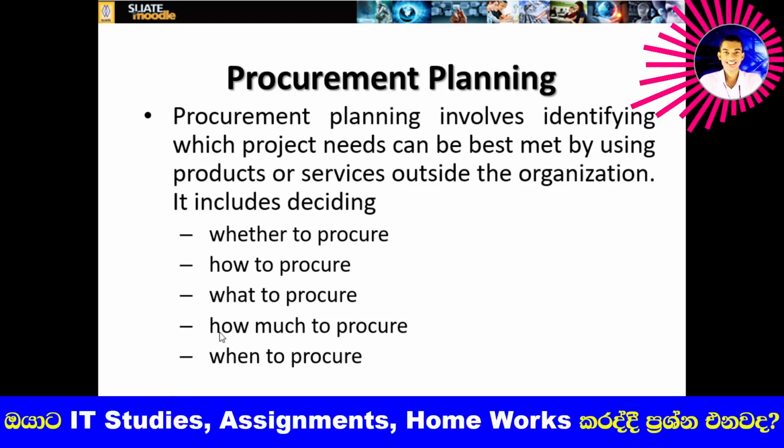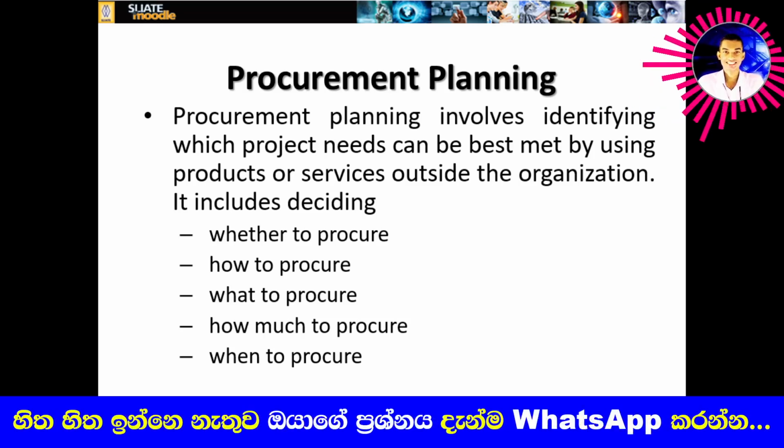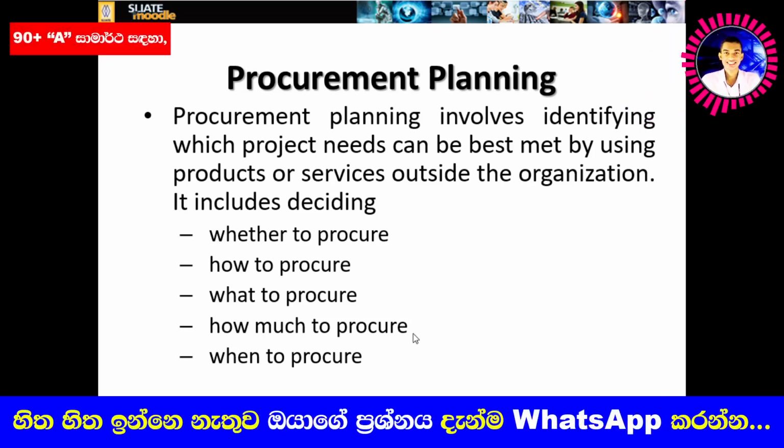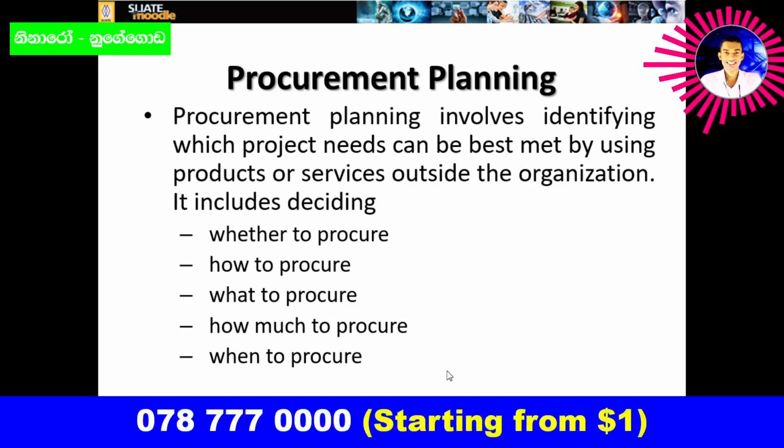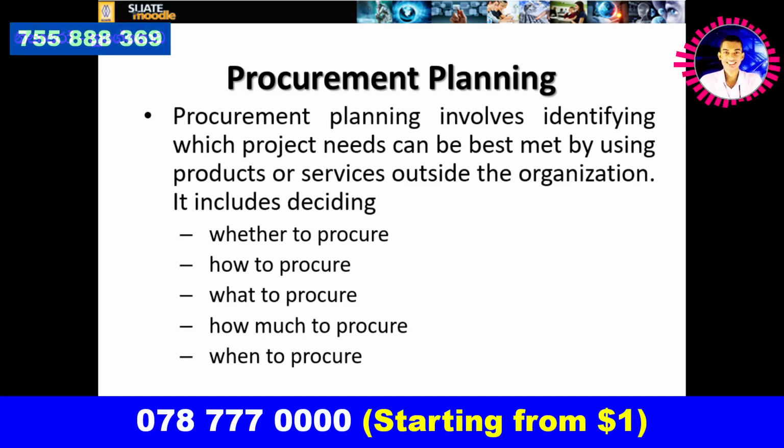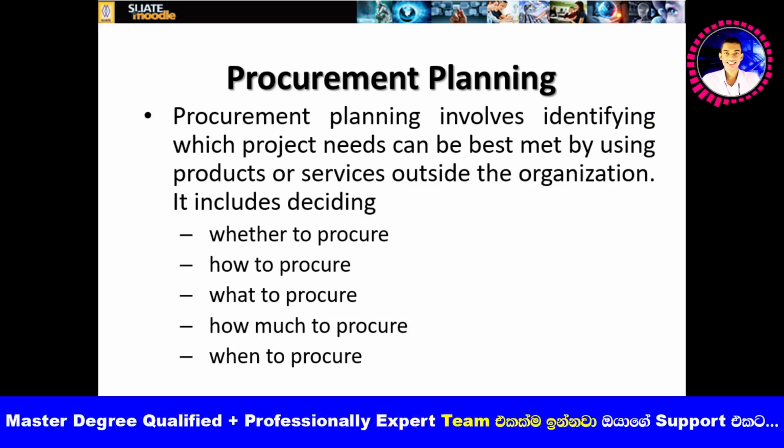Then after, how much to procure. We will also have to consider the cost, how much to procure. Then after, when to procure, the time duration, when we have to procure the required service.